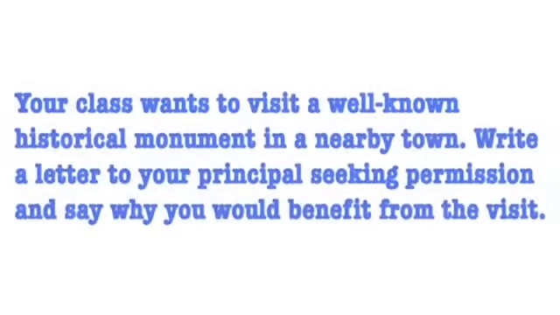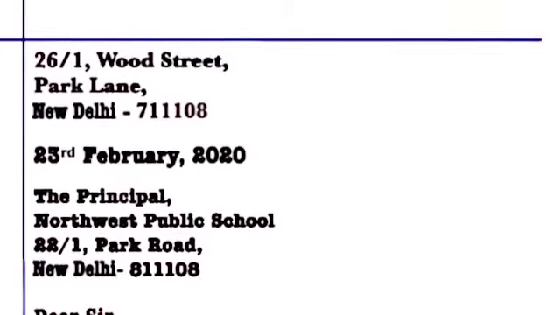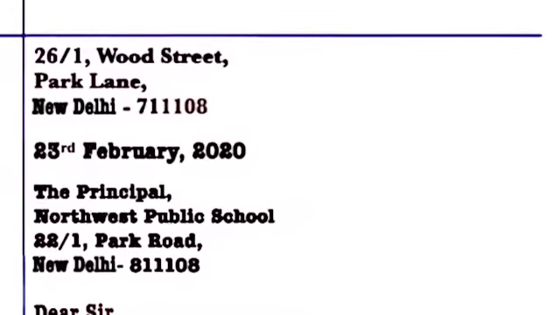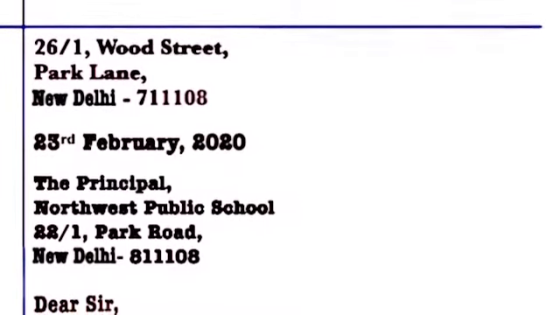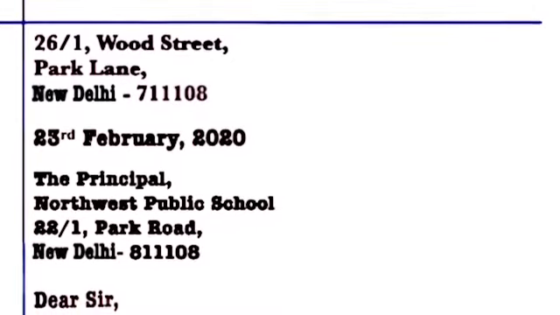Now let's take down a topic and analyze a formal letter. So that was your question where it stated that your class wants to visit a well-known historical monument in a nearby town.